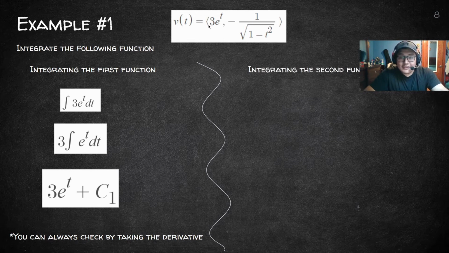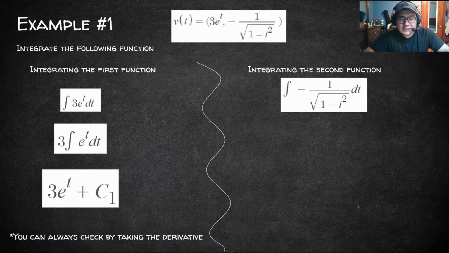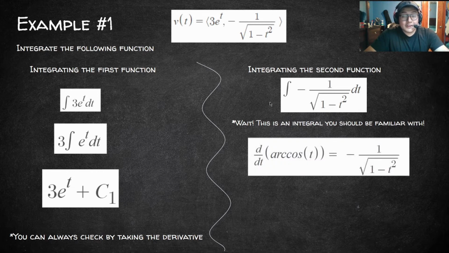Integrating the second function. This is kind of a weird integral. Do I want to do integration by parts, or u-substitution? Well, actually, this is an integral that you should be familiar with. The derivative of what function gives you this? Well, the derivative of the arc cosine of t gives you negative 1 over the square root of 1 minus t squared.